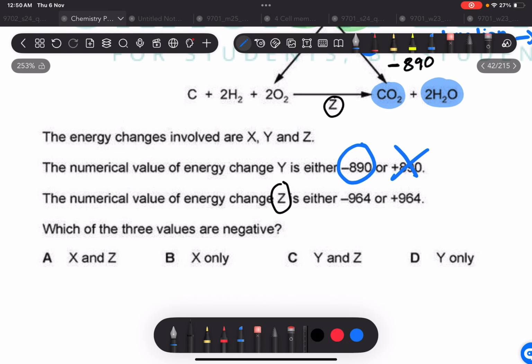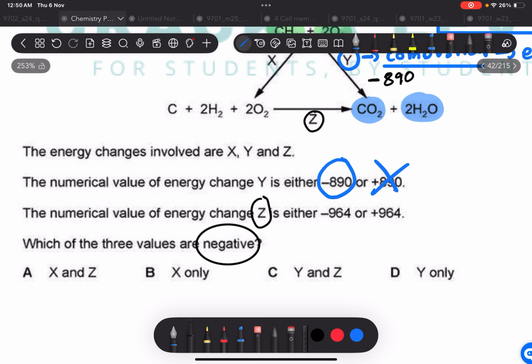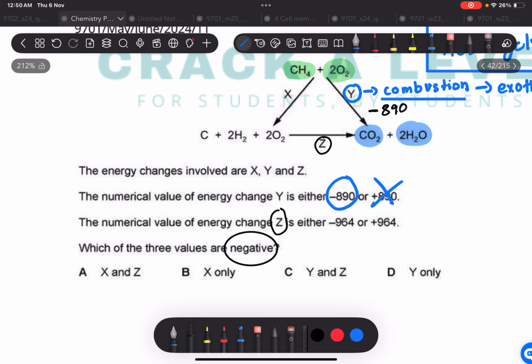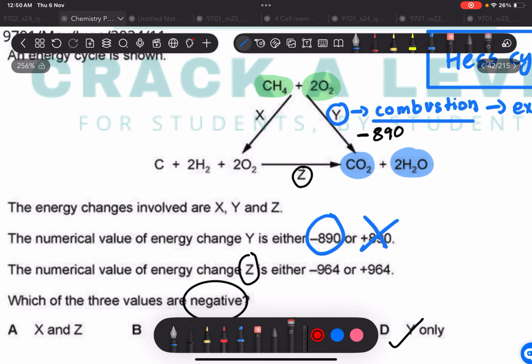Which of the three values are negative? We are sure about the first value, that's going to be Y. We have two options. Now we have to figure out whether Z is going to be exo or endo. For that you need to know one thing.